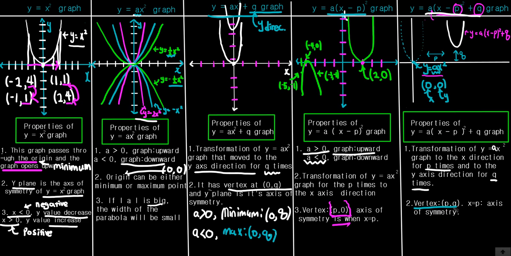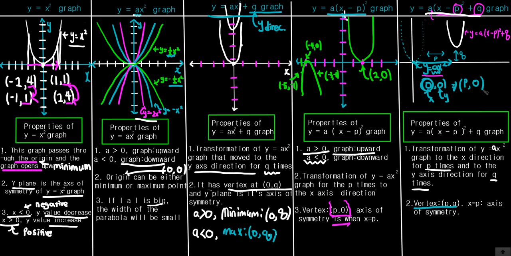And the reason why it has p comma q is because we moved p times in the x direction, which means the x value will be changed according to how far it moved from the origin. We don't know the exact value, so we just put that as p.